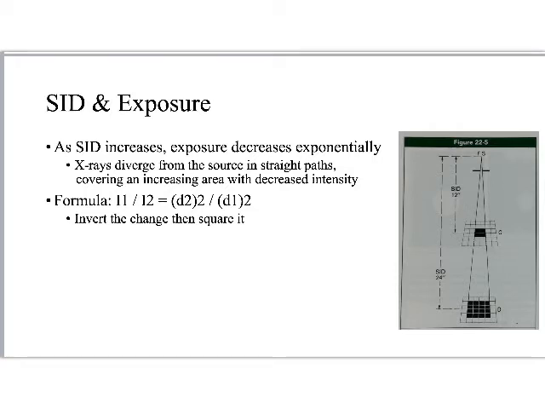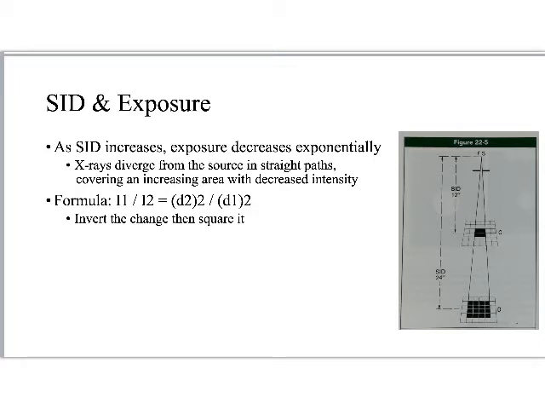So the way you have it in your packet is correct. That should be intensity 1 over intensity 2 equals D2 squared over D1 squared. So they are opposite each other, hence the inverse. One way to think about it is invert the change and then square it.